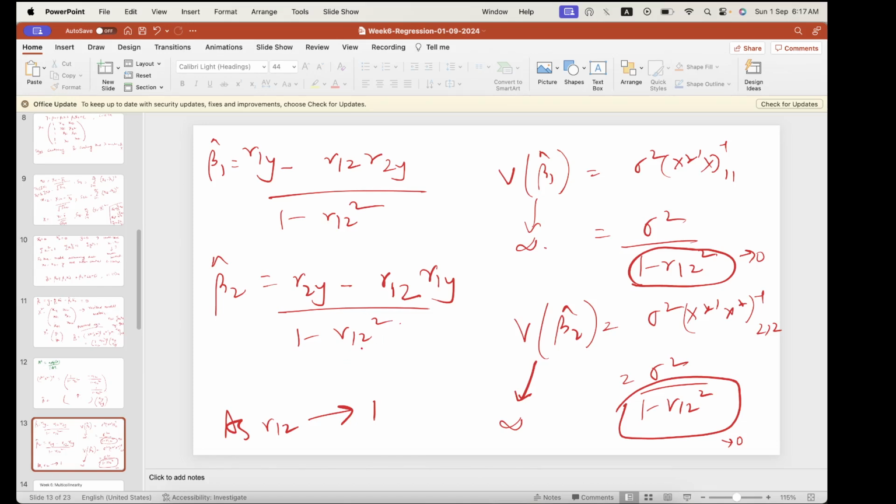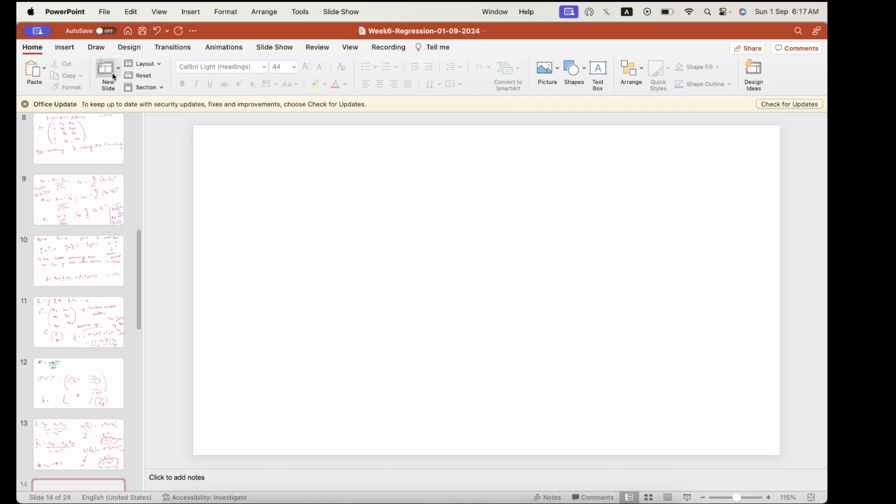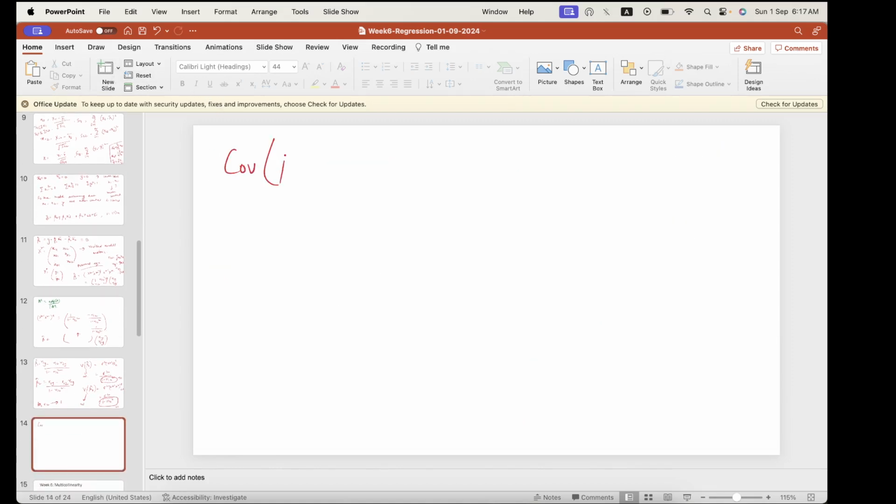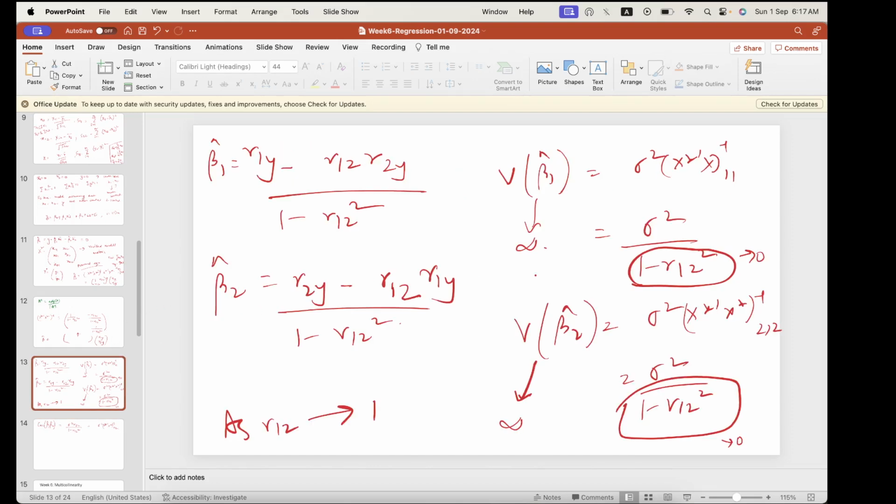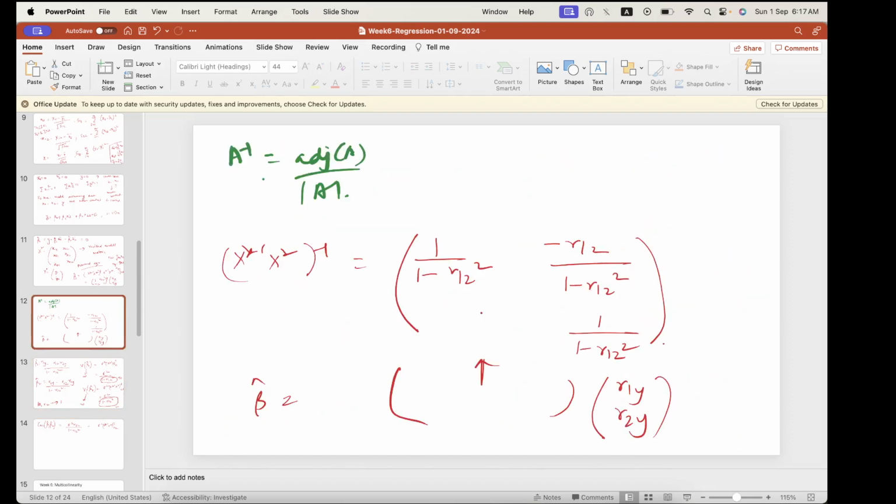We were also talking about the covariances. If I want to find the covariance between beta 1 hat and beta 2 hat, that is sigma square times the 1,2th element of x star prime x star inverse, which is minus r12 by 1 minus r12 square.